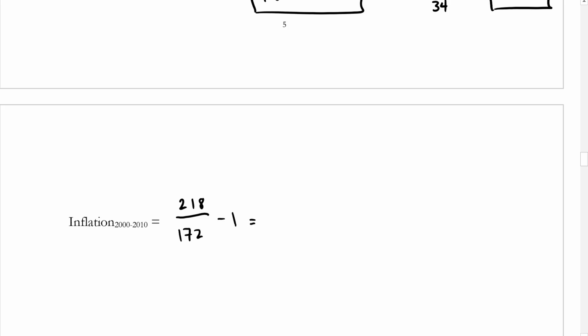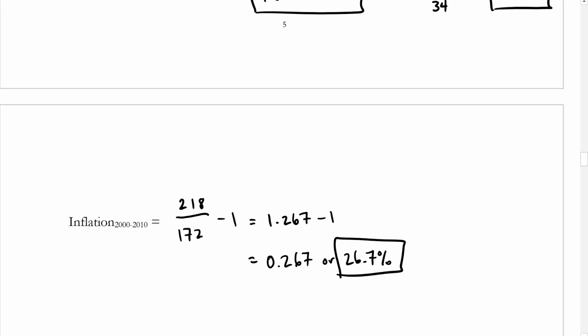Minus 1 is equal to 0.267, for 26.7% over those 10 years. And again, if we want to just see over those 10 years, we take 26.7% divided by 10 for 2.67% per year.